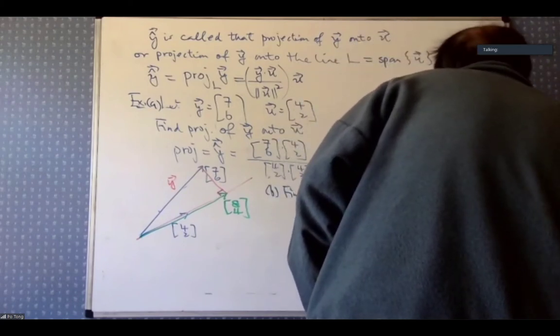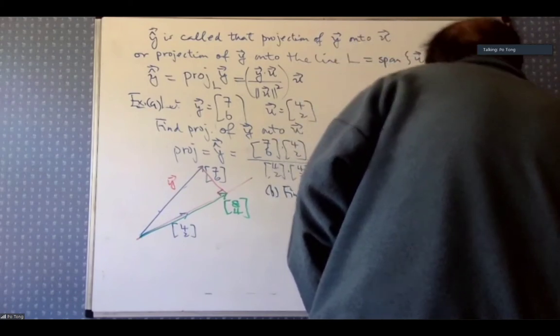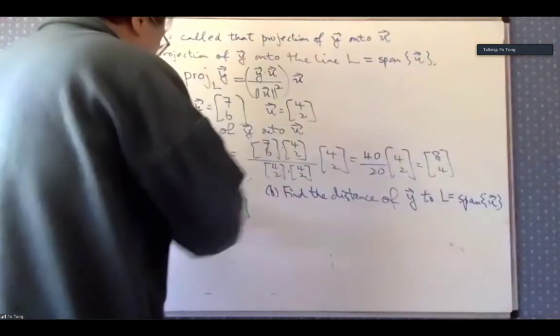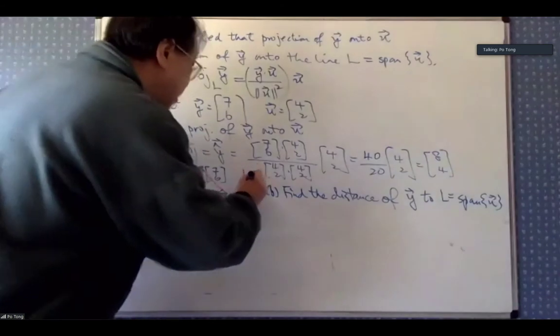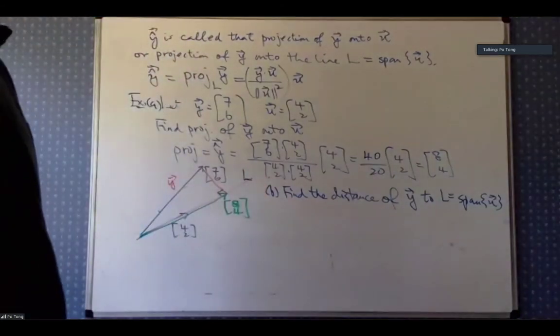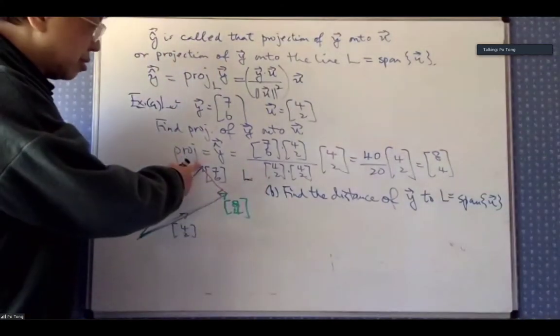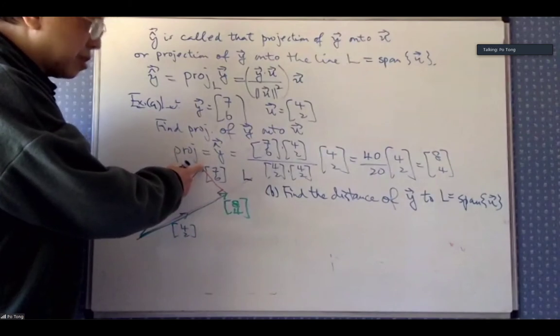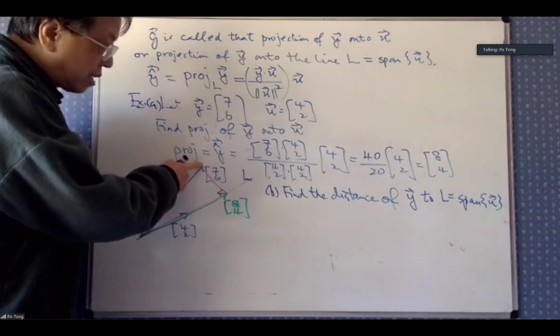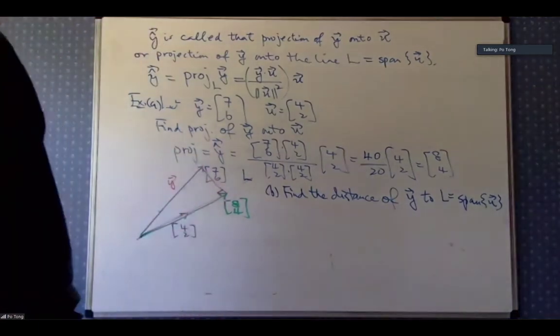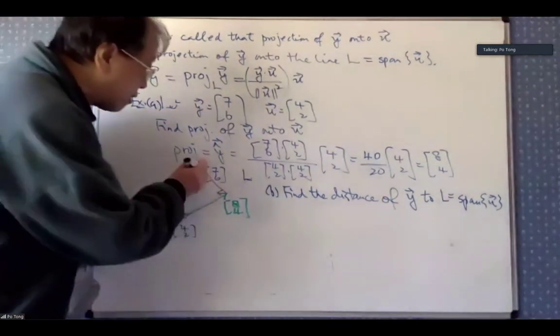The span of u is a line, this line L. Find the distance of the point, the vector represented by this point, to the line.